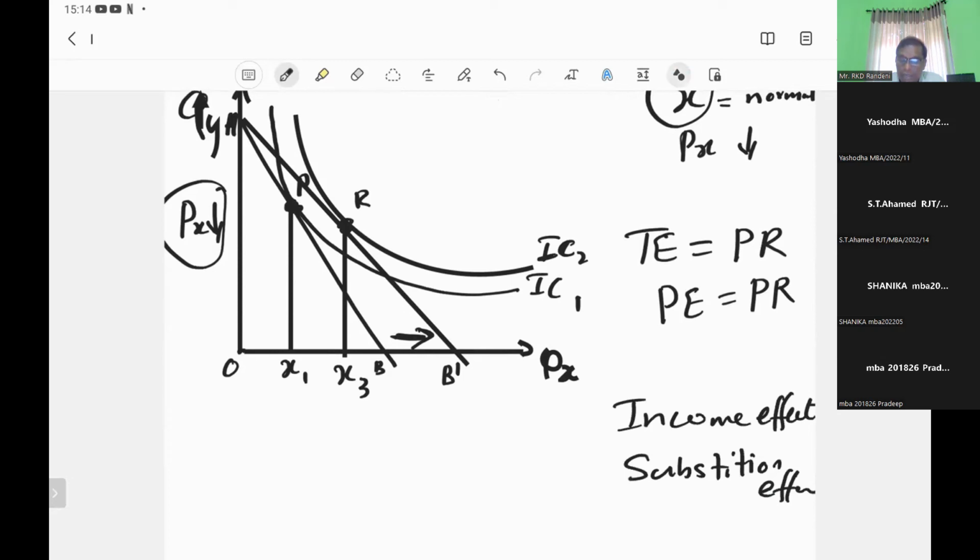Before that, you have to realize that for normal goods, the two effects are the same. Substitution effect and income effect are the same. So the distance P to R should be divided into 2.